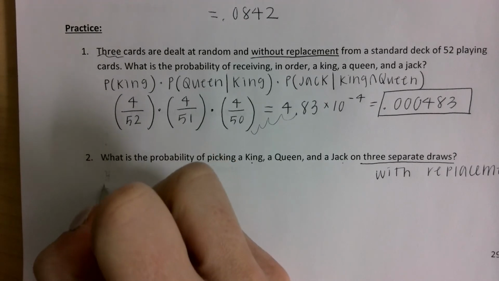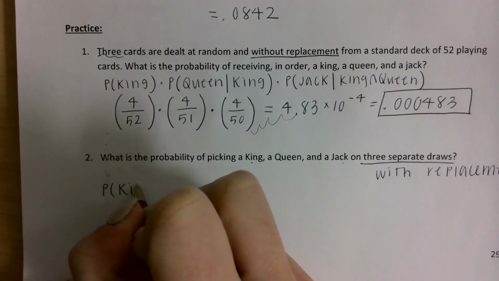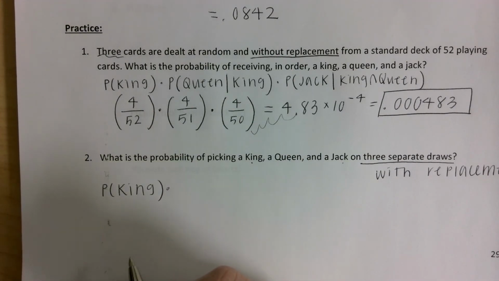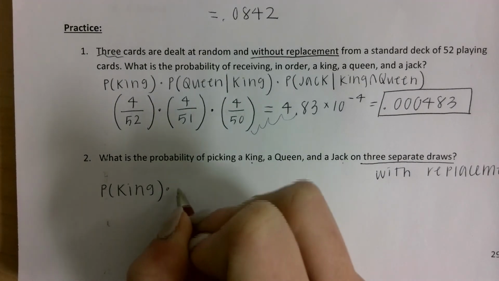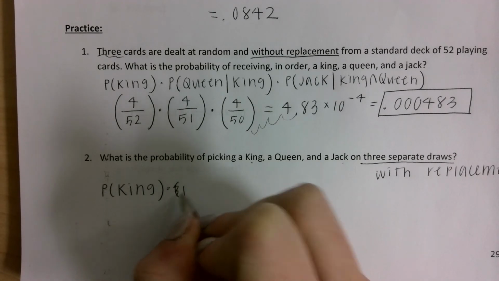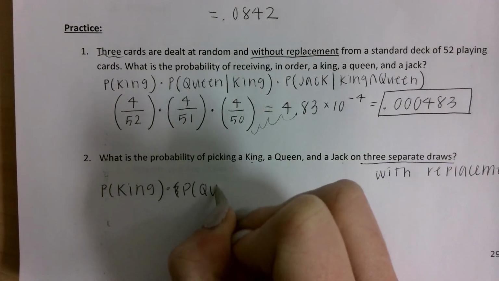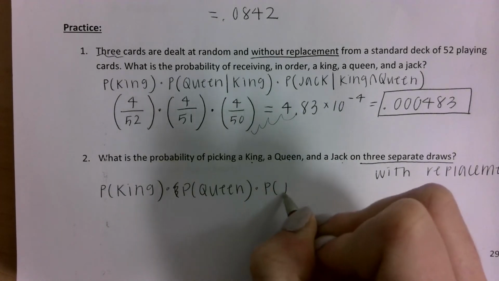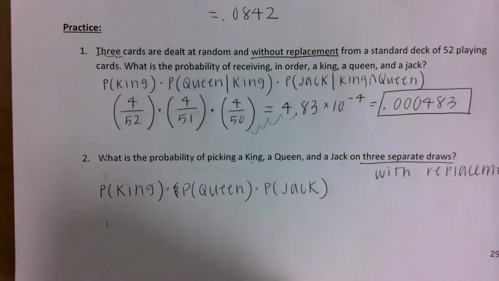So notation-wise, this time we're looking for first, the probability of a king. On the second draw, I put that king back into the deck, so now I'm just looking for the probability of a queen.